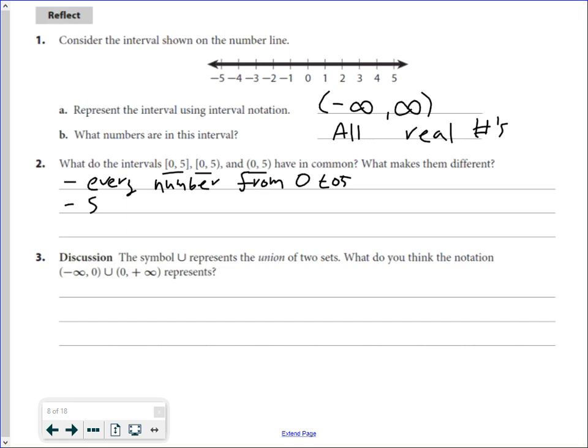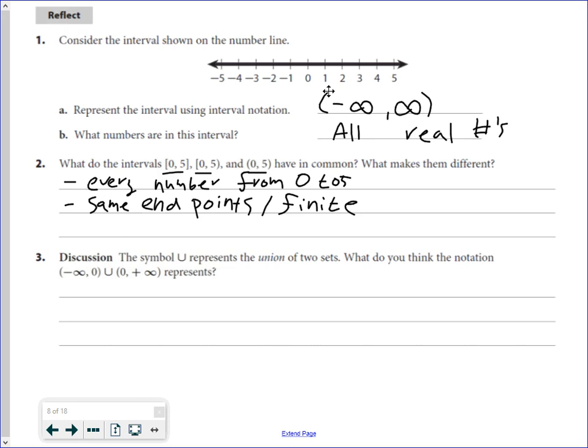They also have the same endpoints, and they're also finite. So that's what makes them the same. They all have every real number from 0 to 5. They all have the same endpoints, 0 and 5, and they're all finite. That's what makes them the same.